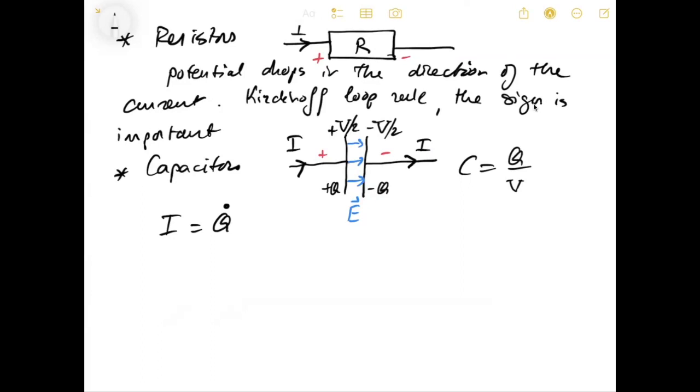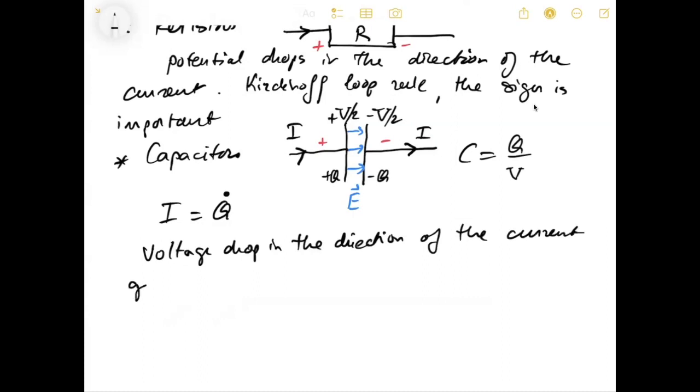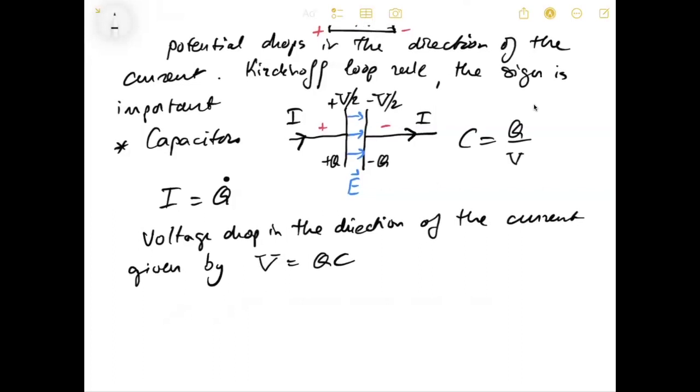So when we connect this thing in a circuit, if we follow this in the direction of the current, we have a voltage drop, and that voltage drop in the direction of the current is given by Q over C. And of course, that means that when we traverse our circuit, we need to pay attention to which way the current is going.